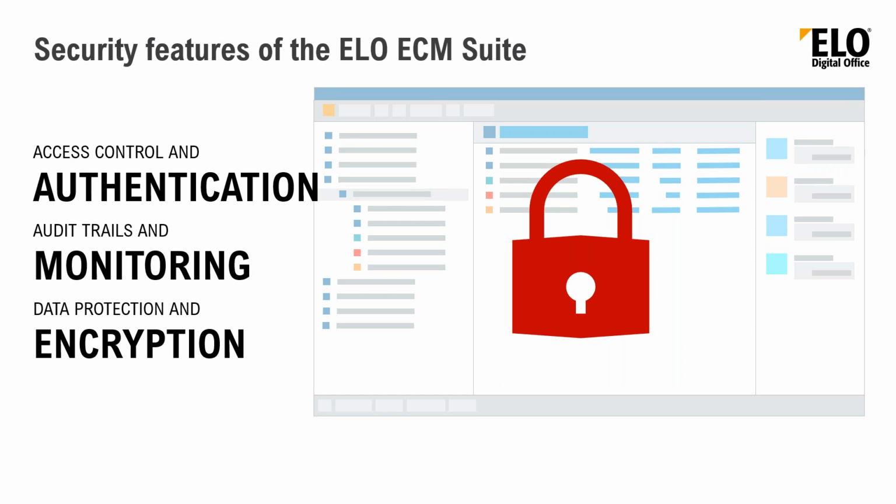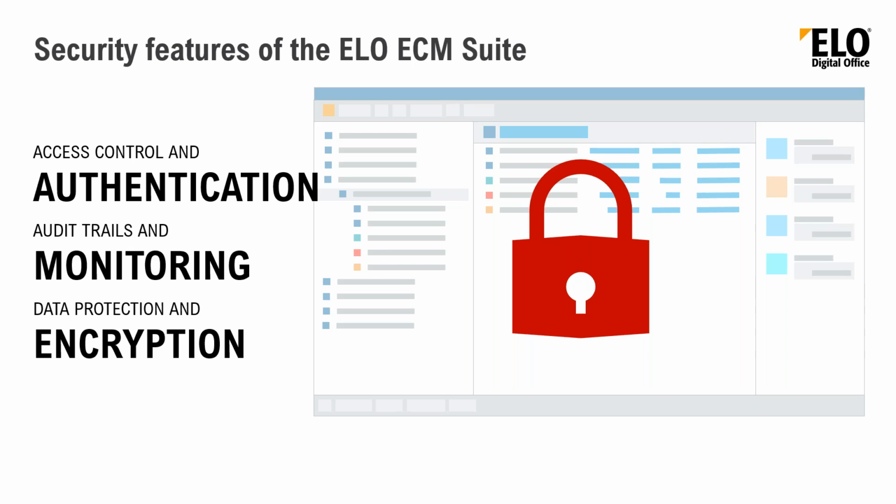For example, access control and authentication. You have to authenticate as a user to get access to the ELO ECM suite. You have audit trails and monitoring, so you can see who has done what and when in the repository. And then we have data protection and encryption.